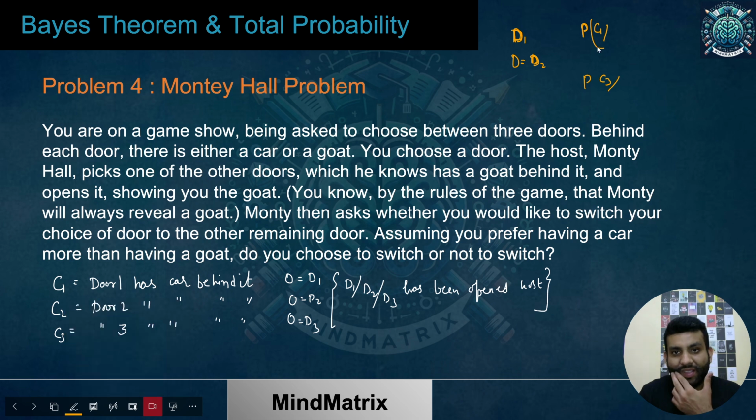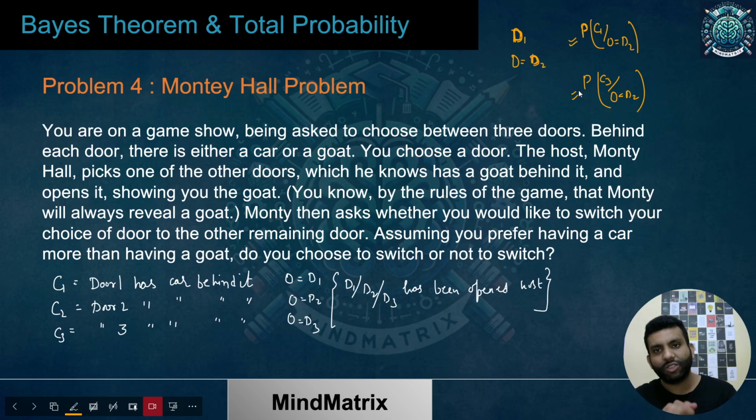Yeah, C1 when D2 was opened and C3 when D2 was opened. So you just calculate these two probabilities. Whichever is highest, you pick that particular door. If the probability of getting a car behind the first door is higher, given that D2 was opened, then you will keep your opinion with door 1 only.